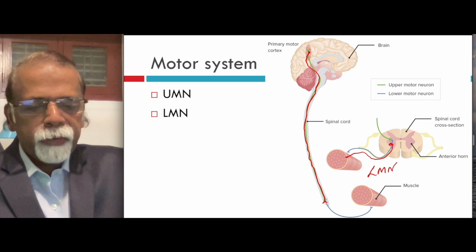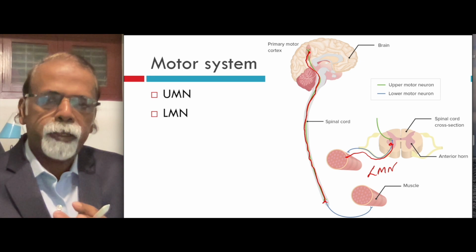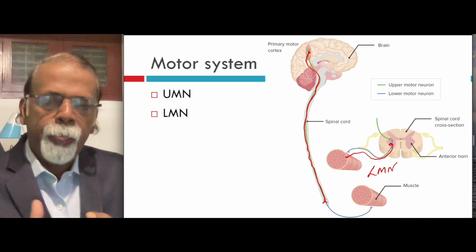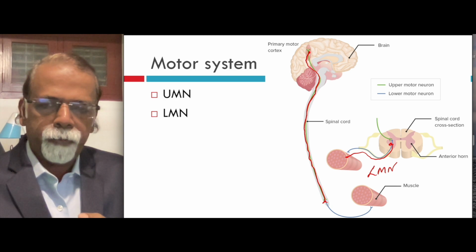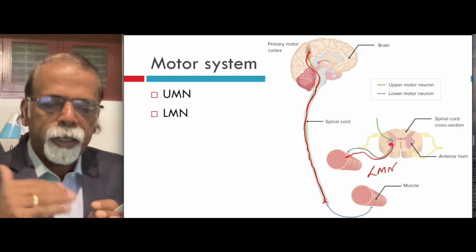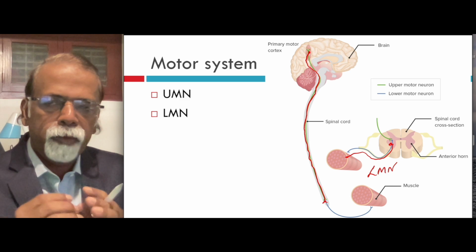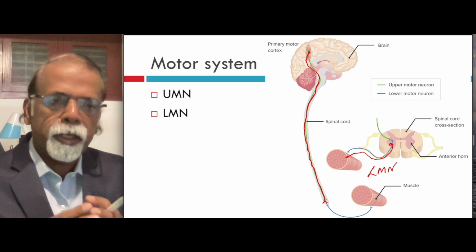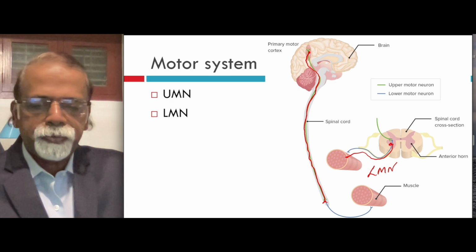There are other pathways arising in the brainstem, for example, the reticulospinal pathway, vestibulospinal pathway, tectospinal pathway, etc. They are also descending down and influencing the lower motor neuron. So, lower motor neuron is the final common pathway, and the pathways descending down and influencing the lower motor neuron are the upper motor neurons. Hope this point is clear to you.